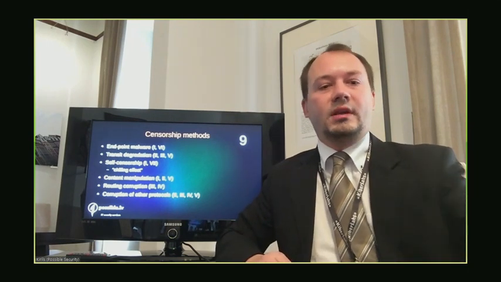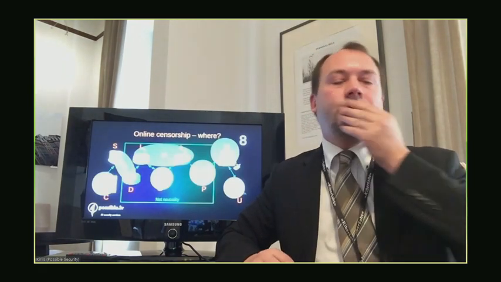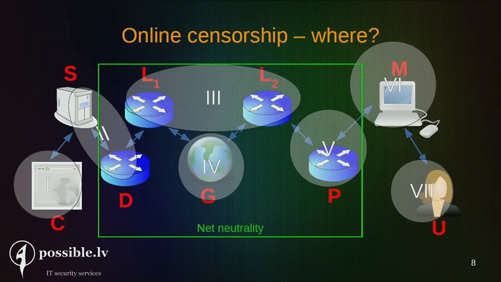You will also notice, if you go to the previous slide, that there is this green rectangle that's called net neutrality. This is the zone that net neutrality talks about.